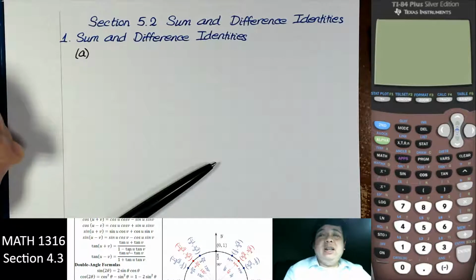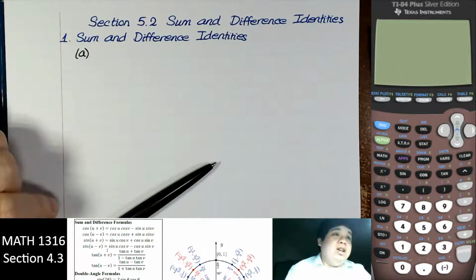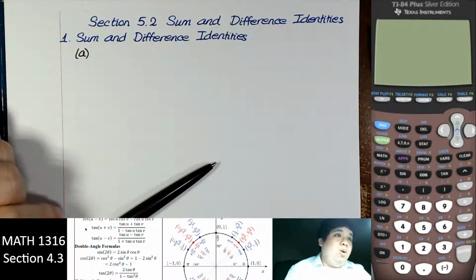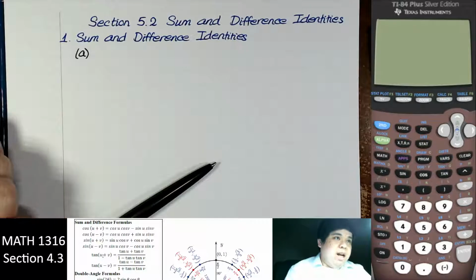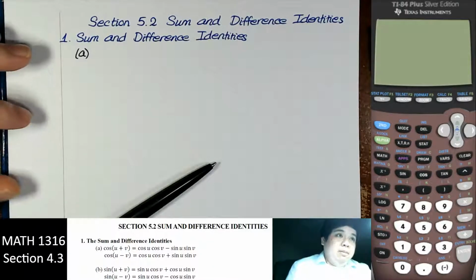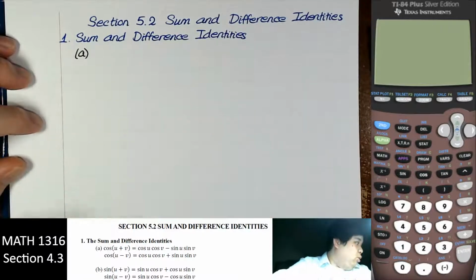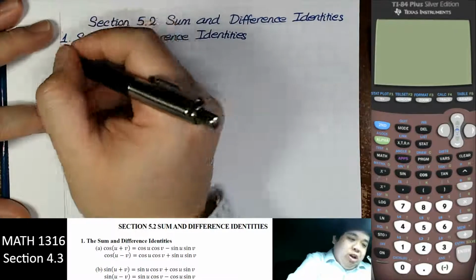The other ones, by the way, I highly recommend that you have this when you're taking the test. All the identities there, right? And with this identity we can prove the remaining ones, right? So this we need to know, right?